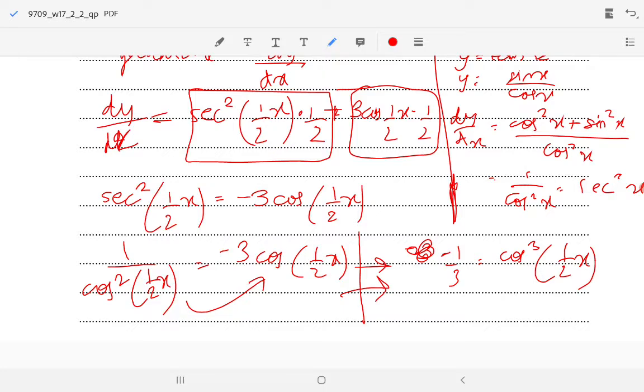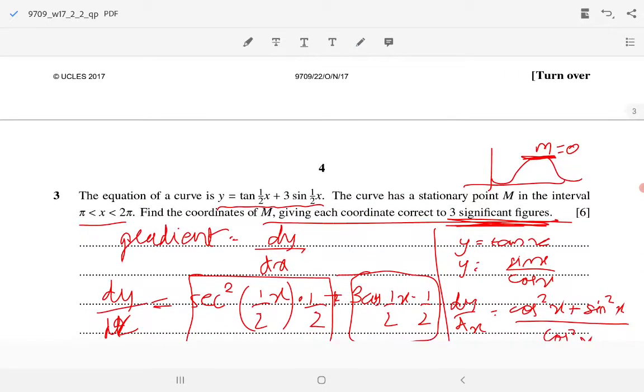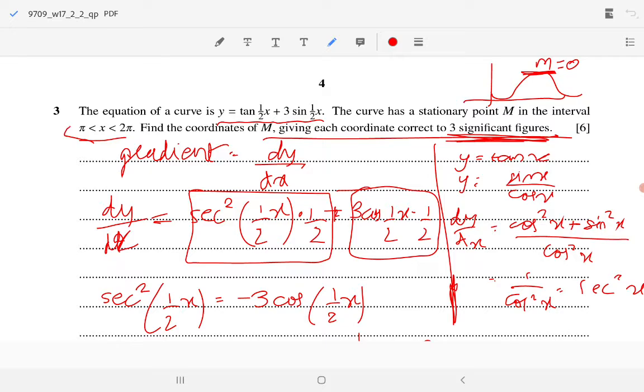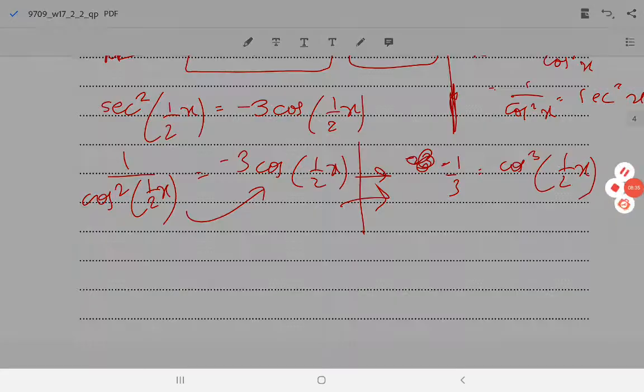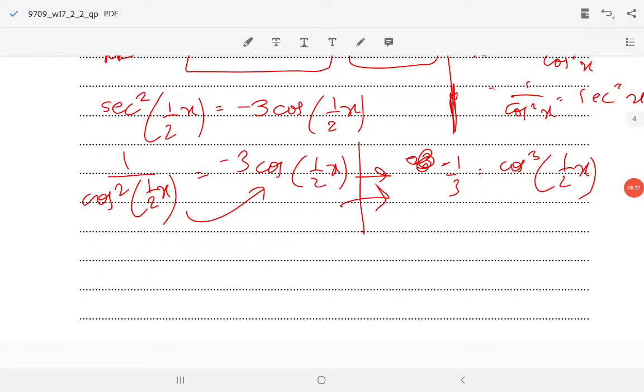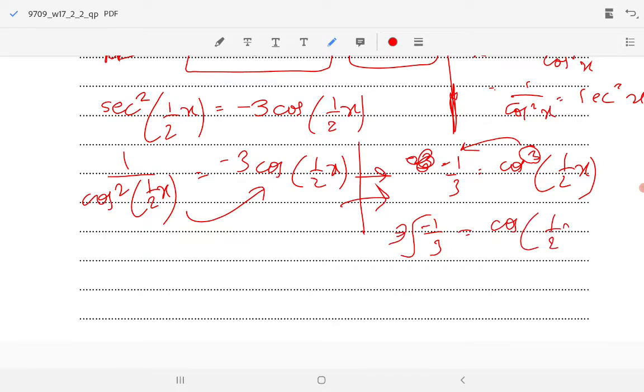Alright guys, the main thing is y'all have to keep in mind the range, the interval. So the first thing is we have to take the cube root. So cube root of minus 1 upon 3 is cos half x.